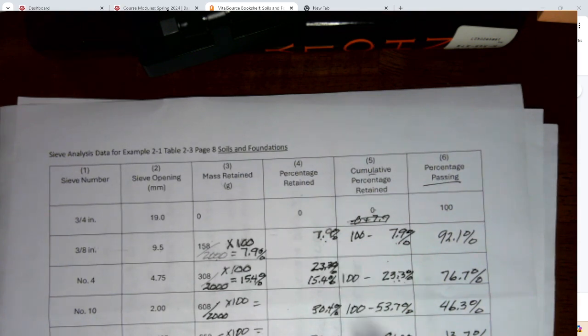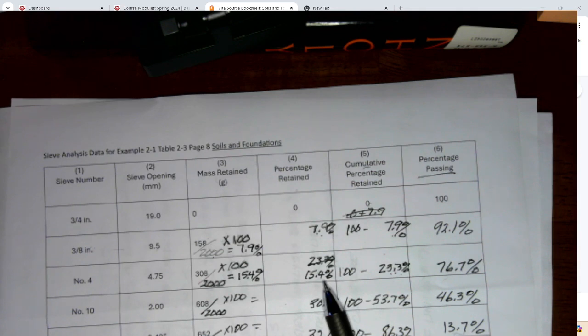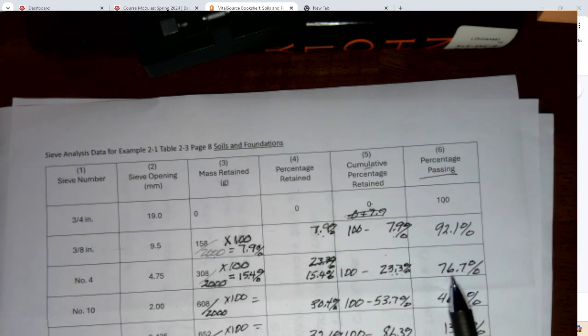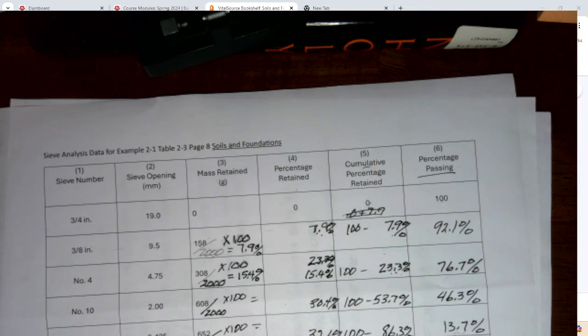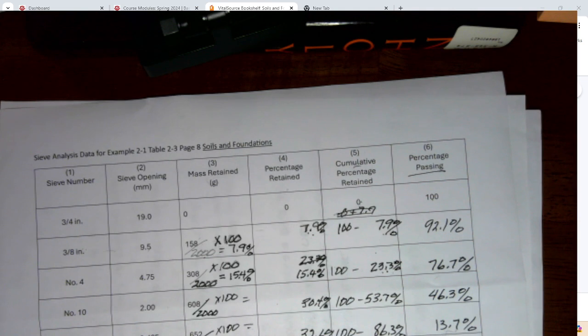So let's start here. 100 minus 7.9 is 92.1. 100 minus 23.3 is 76.7. 100 minus 53.7 is 46.3. 100 minus 86.3 is 13.7% passing the number 40. And then we compute from the 100 sieve, cumulative.